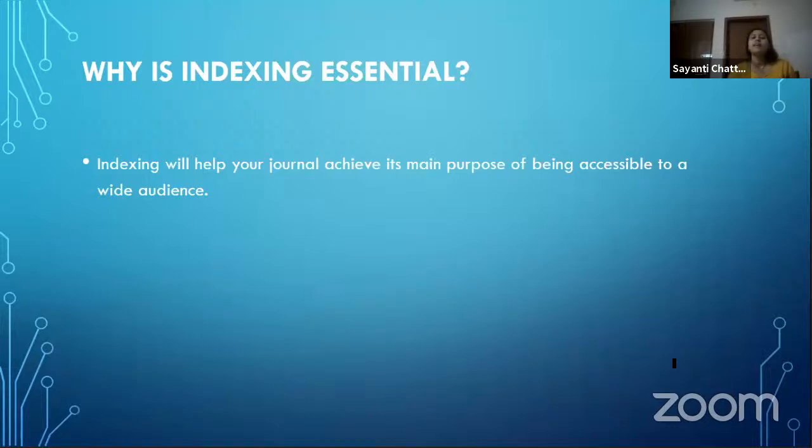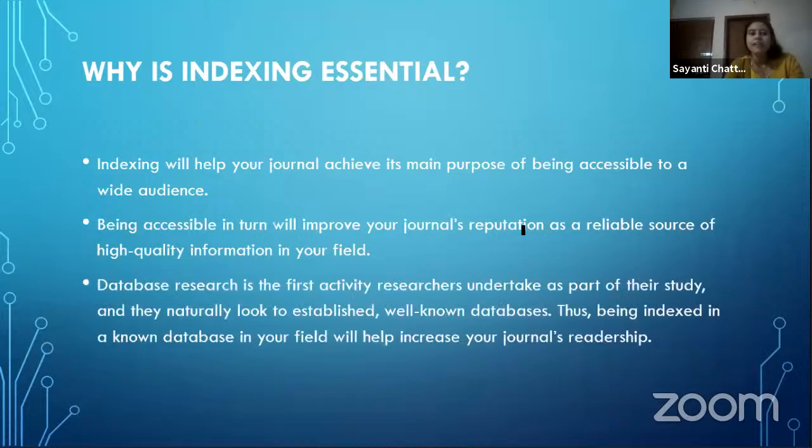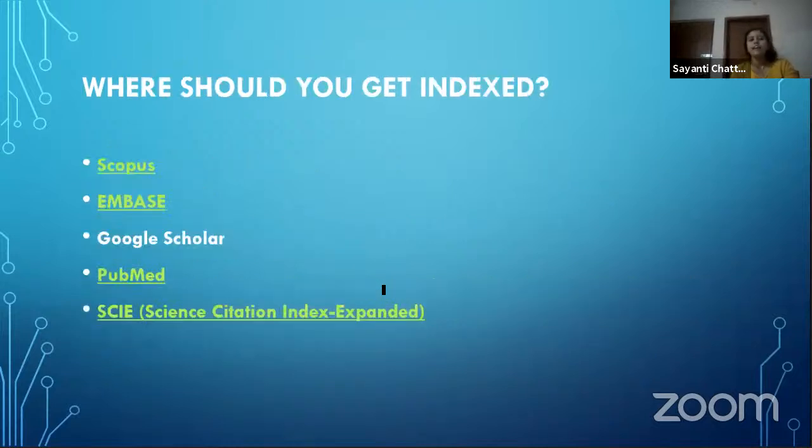One journal, many indexing means it will go to more audience, and it will improve your citation. Being accessible in turn will improve the journal's reputation. And database research is the first activity the researcher undertakes as part of their study. So for the study we will take this.